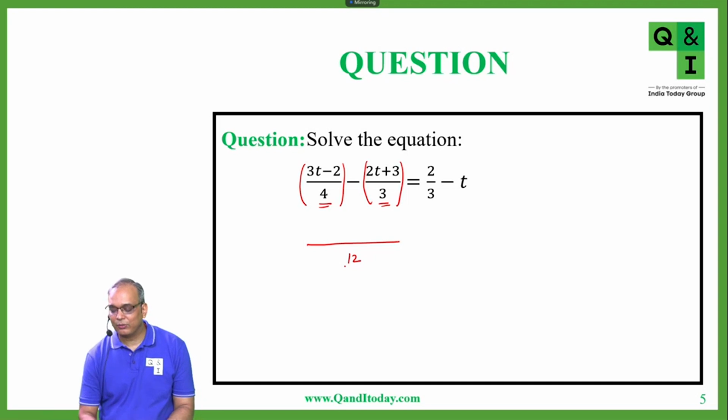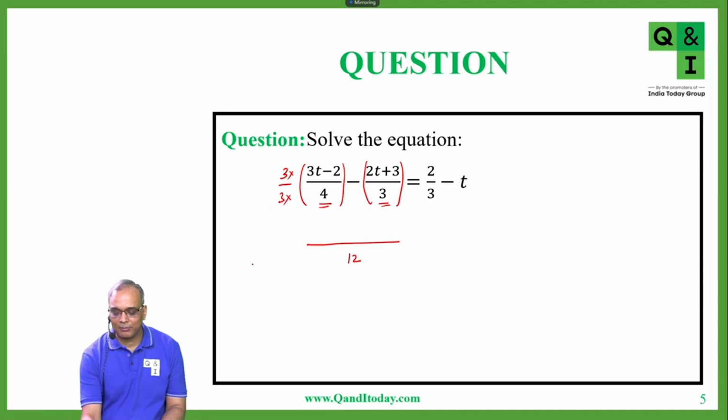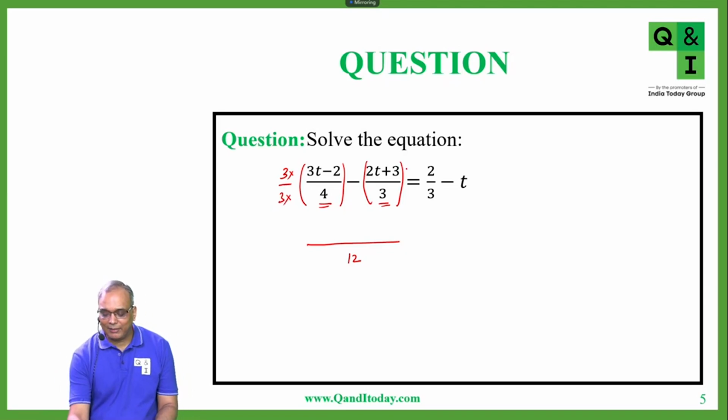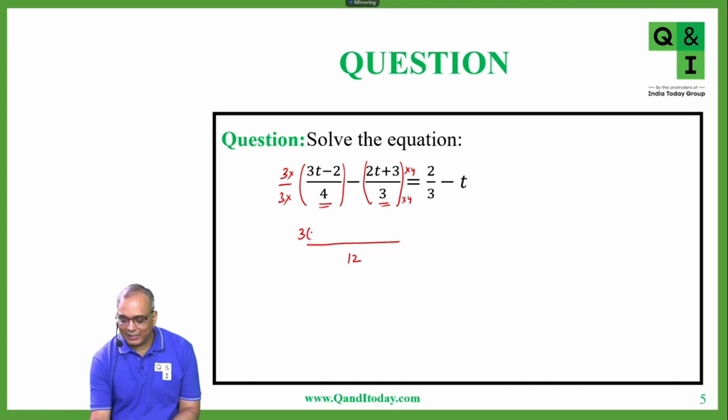So we'll write 12, right? Now 4 times 3 is 12, so we are going to multiply the numerator and the denominator both by 3. And 3 times 4 is 12, so we will multiply the numerator and denominator of the second term by 4. So we are going to get 3 times (3t minus 2) minus 4 times (2t plus 3).